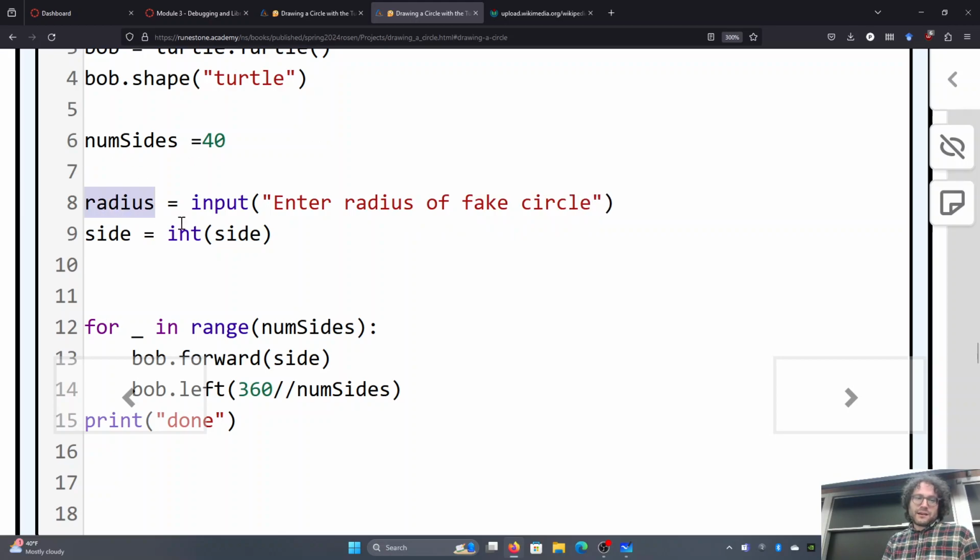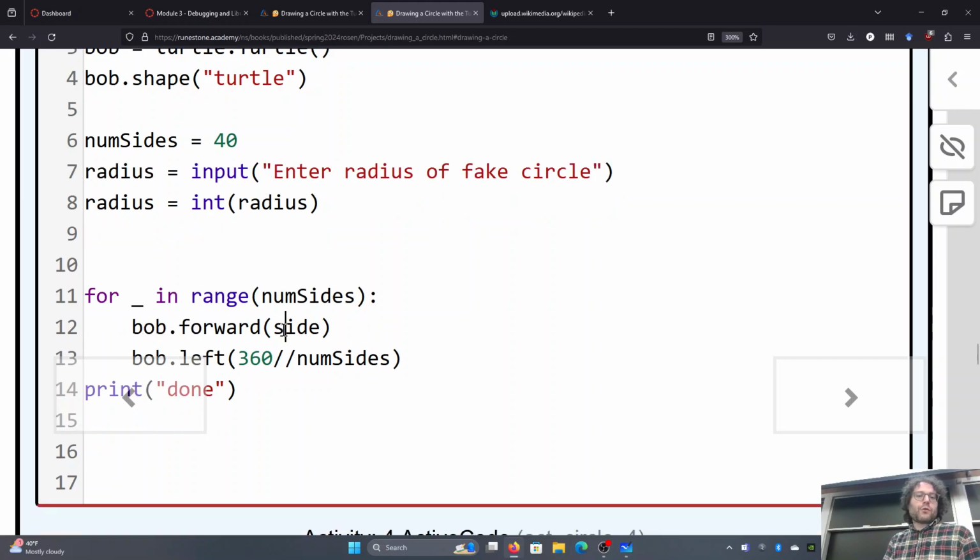And then we're just going to convert that radius into whatever. So we have our number of sides, we have our radius. Rather than moving forward some amount for our side, which is what we're going to figure out, the amount of turning we need to do is going to be exactly the same, because we're still making a fake 40-sided, 50-sided shape that we're pretending is a circle. Now that's not too hard to figure out.